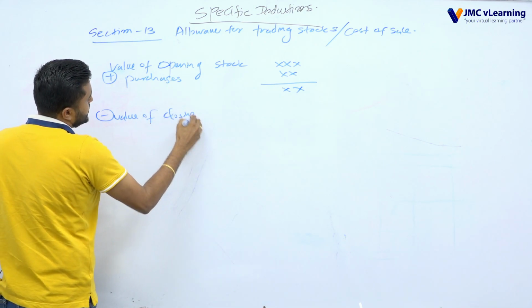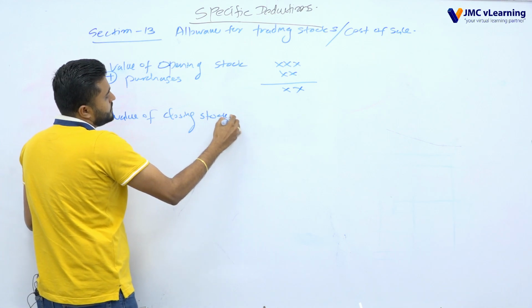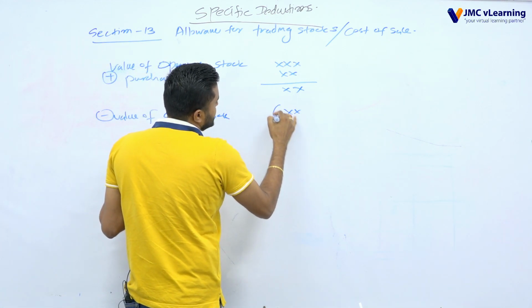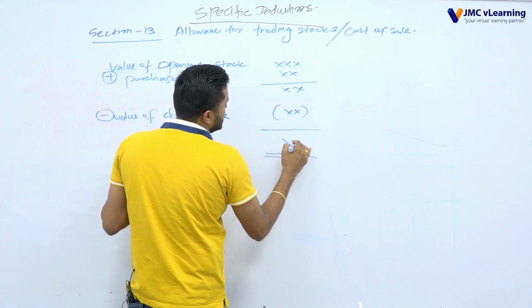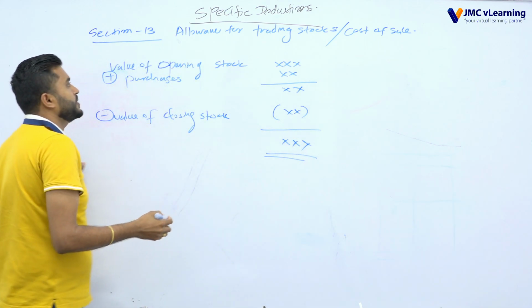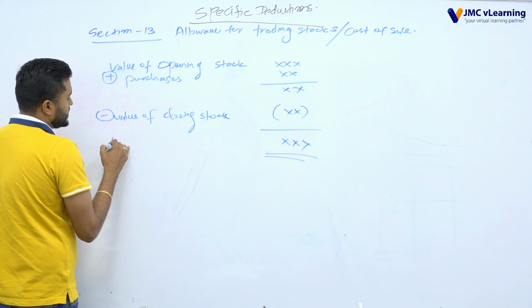These are the ways to calculate cost of sale for accounting as well. So this is what the allowance for trading stock is, otherwise the cost of sales.